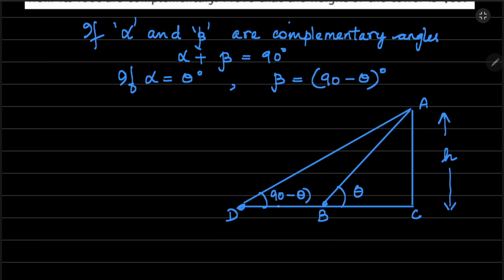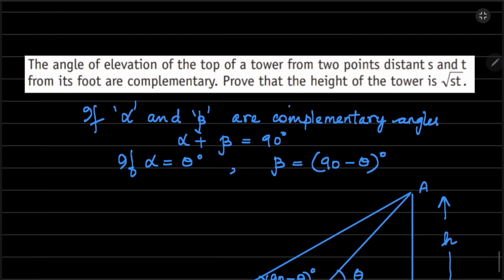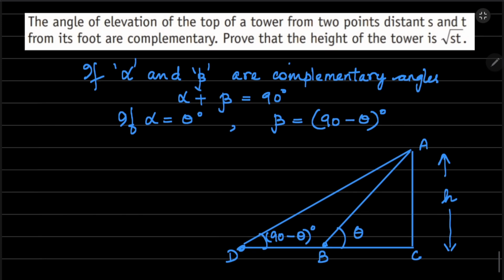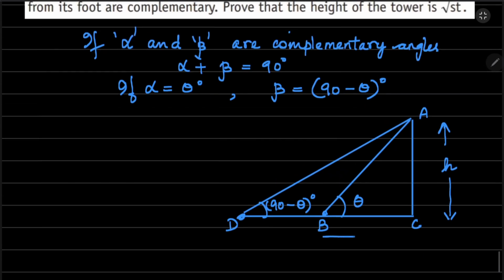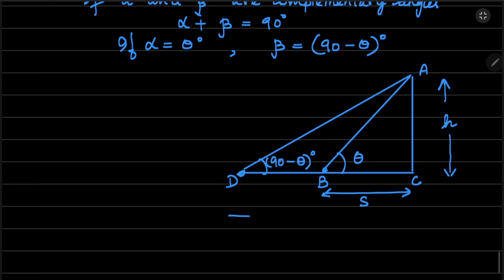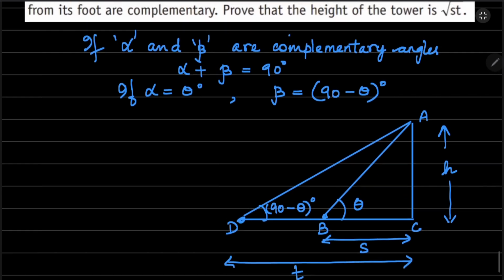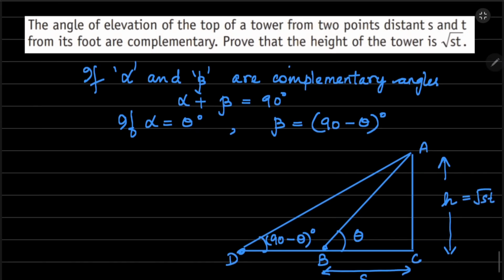Am I right? 90 minus theta. So what is the distance given from the 2 points? S and T distance from its foot. So the first point is at a distance of S meters and the second point is at a distance of T meters. You have to prove that the height of the tower is equal to root of ST. Okay, again, very easy.